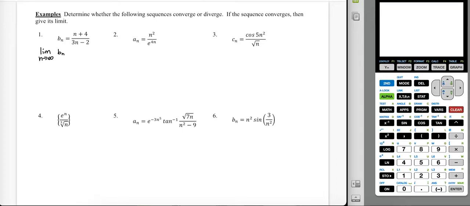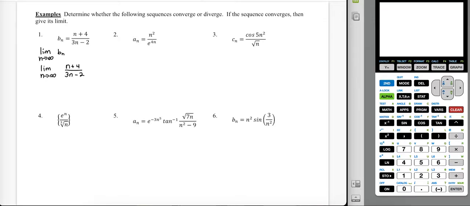We could list out all the different terms of the sequence if we want, but we could also rely on our knowledge of limits and all those rules and relationships that helped us evaluate those limits. So this would be the limit as n approaches infinity of (n plus 4) over (3n minus 2).